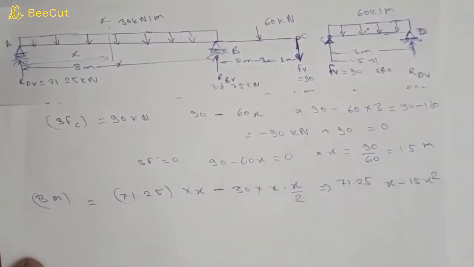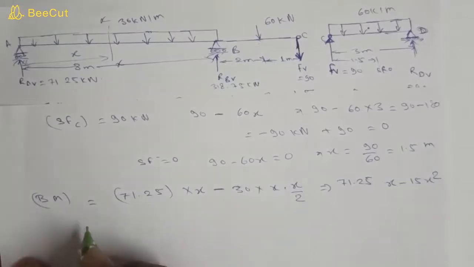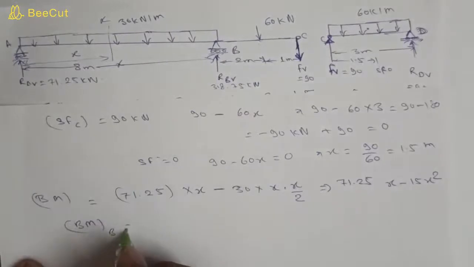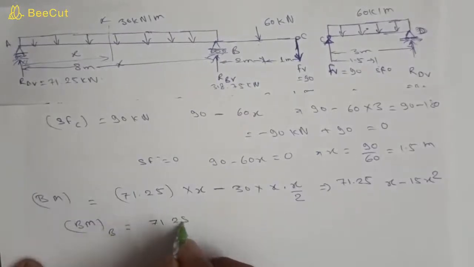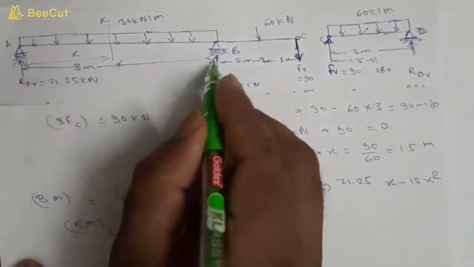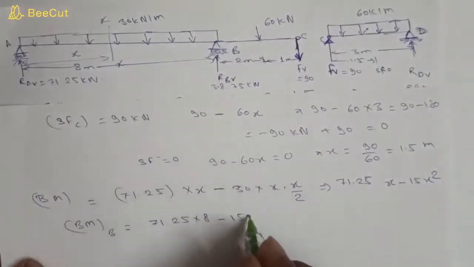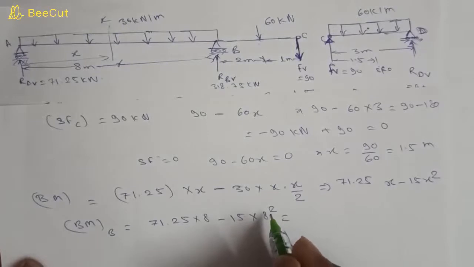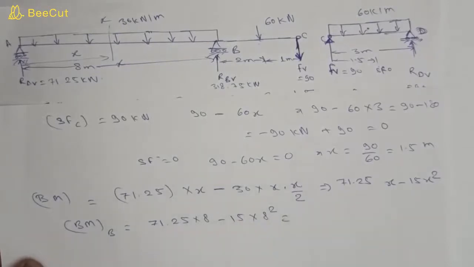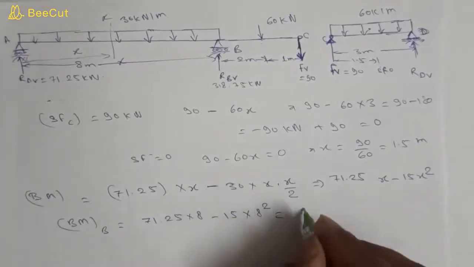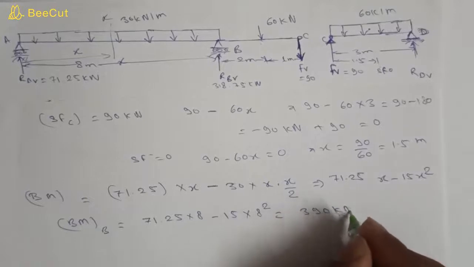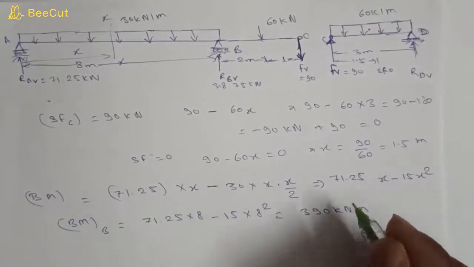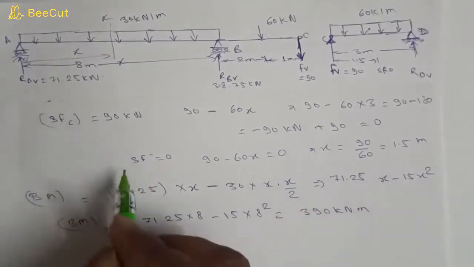Okay, so if we try to calculate bending moment at point B, then it will become 71.25 into 8, because x is equal to 8, minus 15 into 8 squared, which will become 390 kilonewton meter.